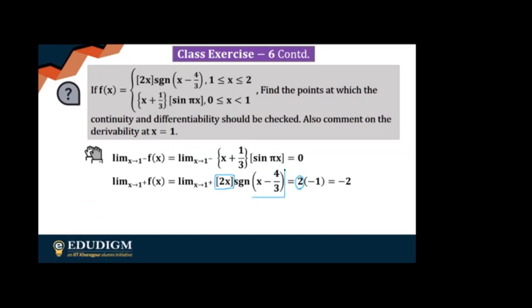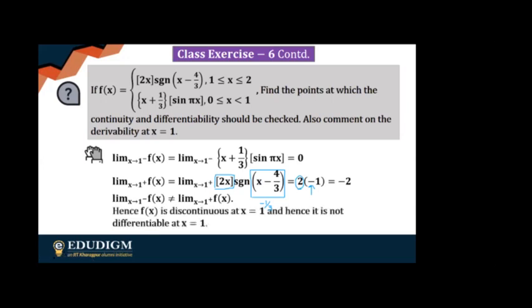Signum this. Now this is very important. If this is 1, then this is minus 1/3, which is a negative number, and its signum is coming out as -1. So consequently, this is definitely not continuous. And obviously, if continuity is not there, neither will be differentiability. All right?